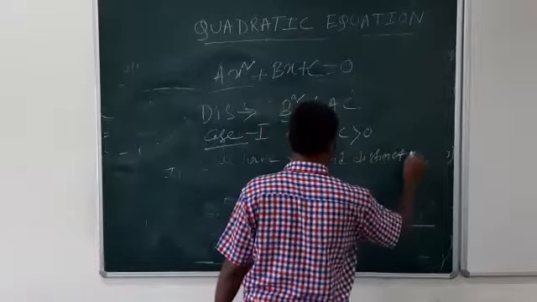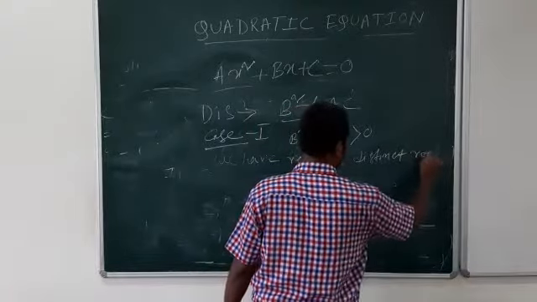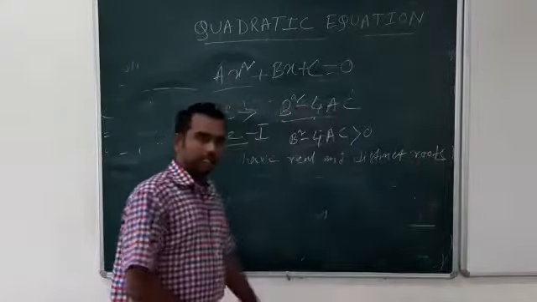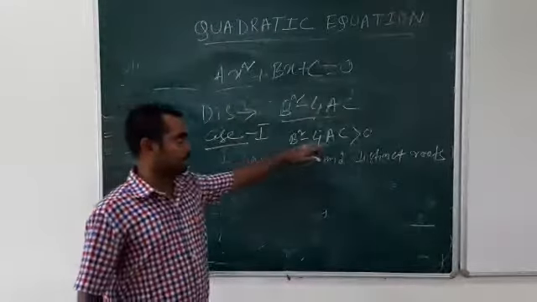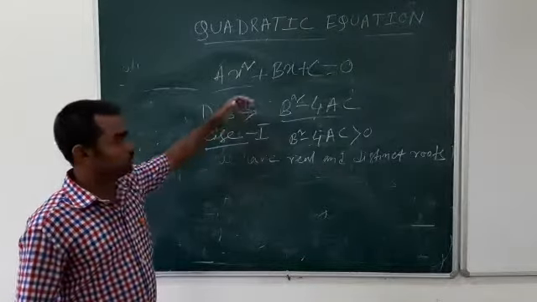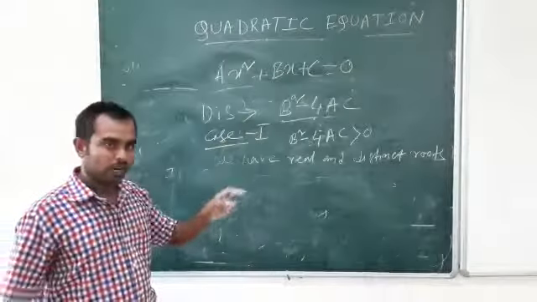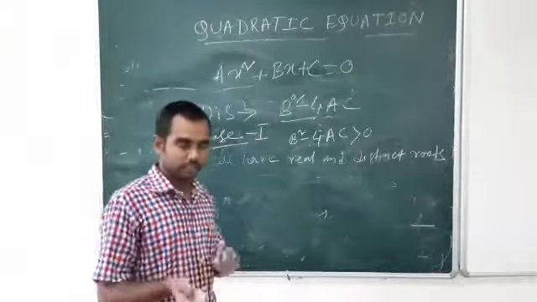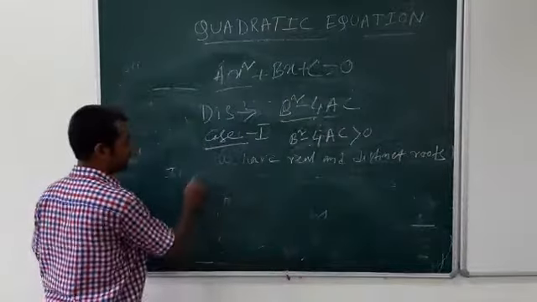Real and distinct roots. Okay, this is the condition. If the discriminant is greater than 0, then from this quadratic equation we get real roots, but they are different. Distinct means different.